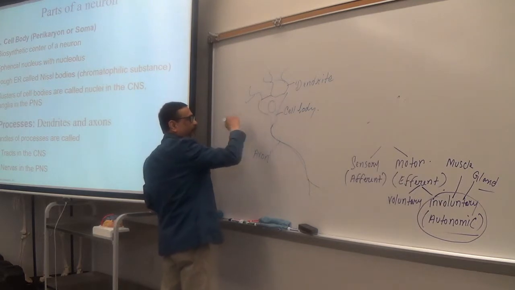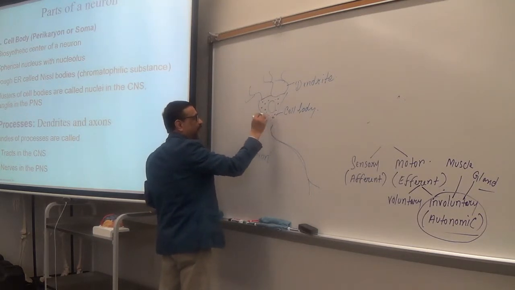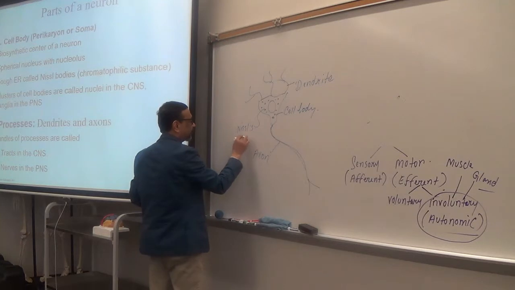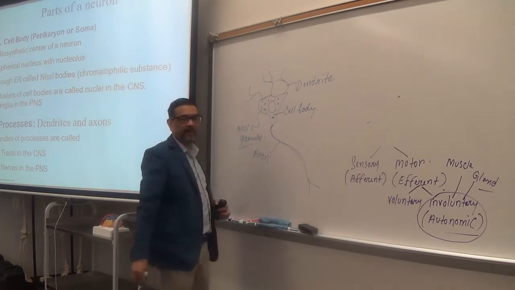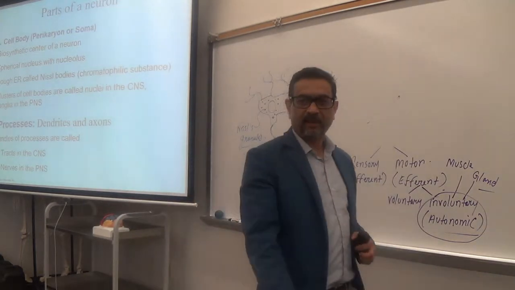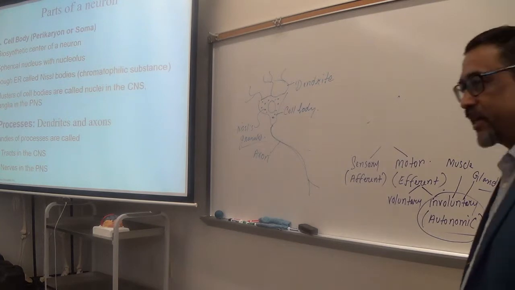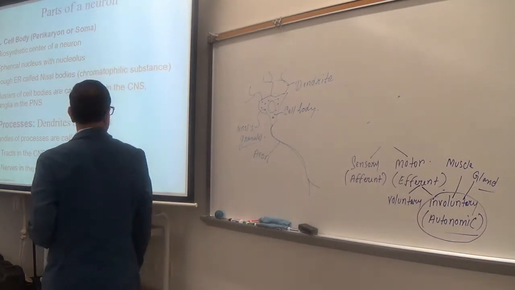This is the axon, and this is the cell body. Inside the cell body you have the nucleus, and in the cytoplasm you have granules, which are highly concentrated chemicals. Those are present in the cell body.